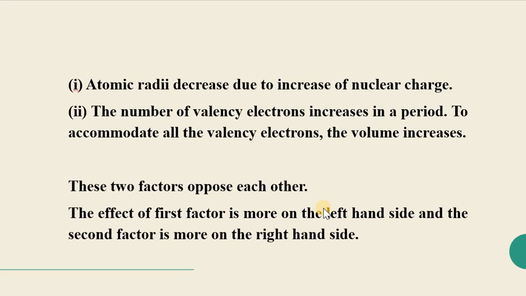Whereas on the right hand side, the second factor dominates, because the number of electrons increases in the valence shell. So initially the size decreases on the left side, then after attaining a minimum value, it starts increasing again, because the second factor is dominant on the right side.